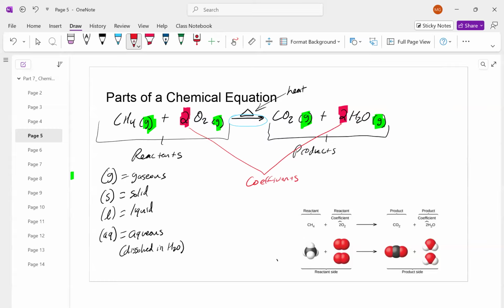So if we look at oxygen, for example, that number 2 next to oxygen means that two molecules, or if you want to get a little bit more expansive, we could say 2 moles of oxygen are reacting.